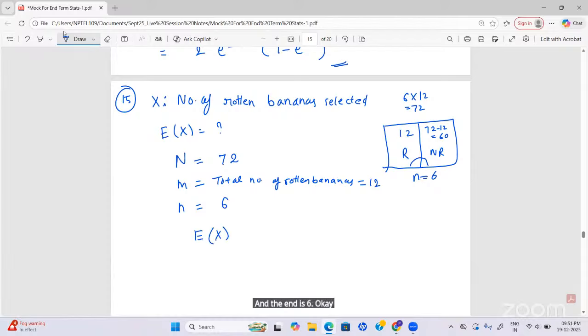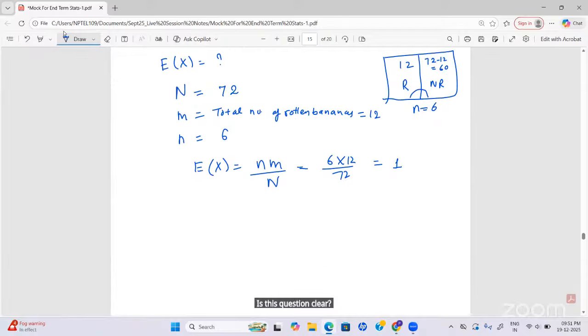Expectation of x is n into m divided by capital N. Now just put the values. So this will be 1. Okay, is this question clear? Clear, ma'am.